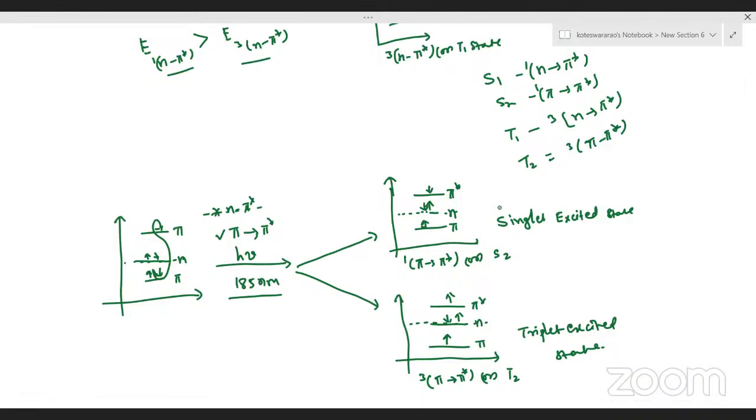Now, these excitations give several kinds of decaying processes, because once the electron is excited from the ground level to a higher energy level, it undergoes decay. For example, if we heat an object and then switch off the heat source, it comes back to room temperature.